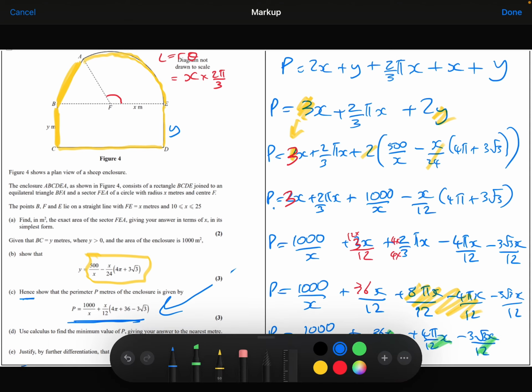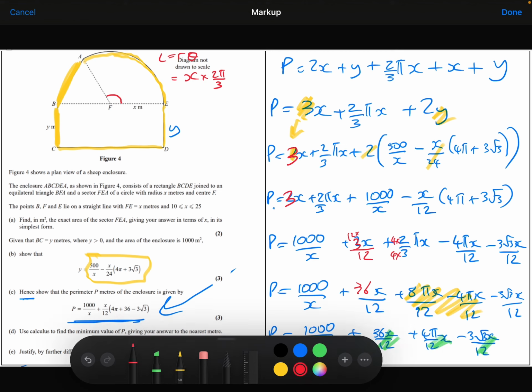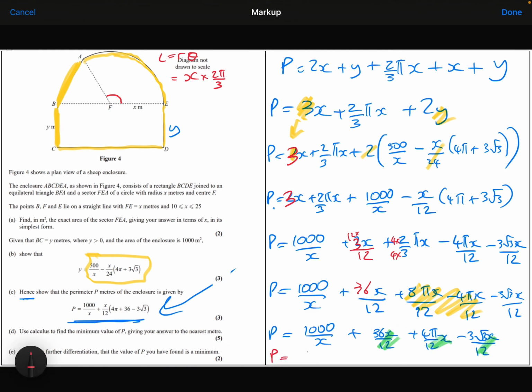We can factorise that outside to get the answer that we wished for, which was 1000 over x plus x over 12 times 36 plus 4 pi minus 3 root 3. And there we go. That is part C of this question.